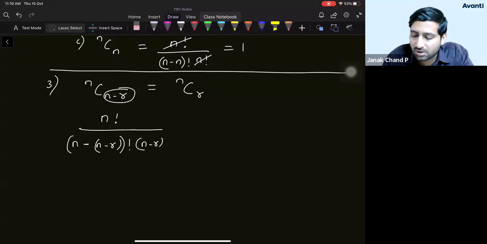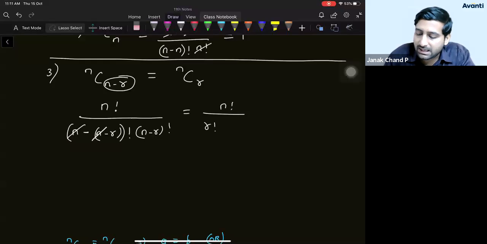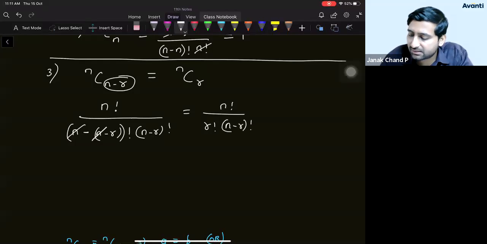The formula of nCr is n factorial divided by the difference of these two, factorial of that, and then whatever is present here, that factorial. If you simplify this further, this is nothing but n factorial, and here n will get cancelled with n, because there's a minus sign. Then minus into minus will become plus. So this will just become r factorial, and the (n minus r) factorial will remain as it is.